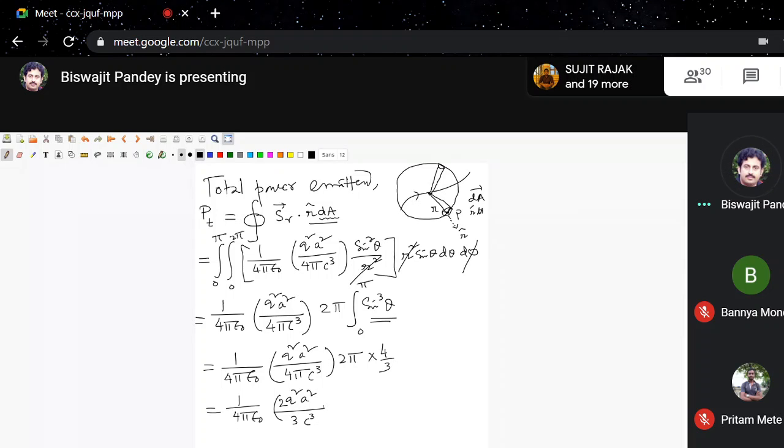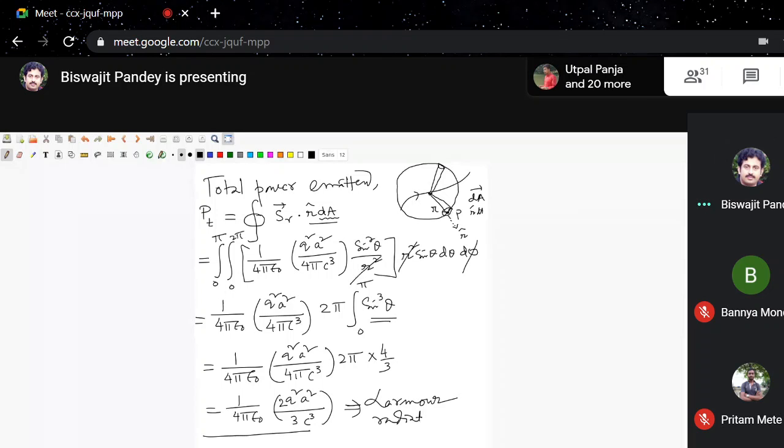Okay, and this is the expression for the total power emitted by an arbitrarily moving point charge in the non-relativistic regime. And this formula has a name. It's a famous formula called the Larmor radiation formula.